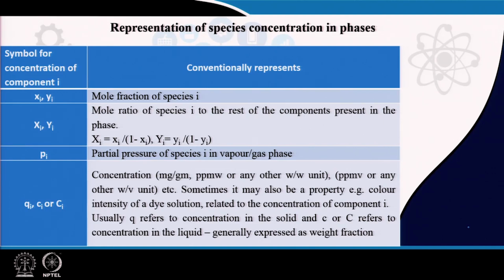Now, the most common way of expressing is definitely the mole fraction, or in other words, mole fraction means moles of I in some particular phase divided by total moles of the mixture.